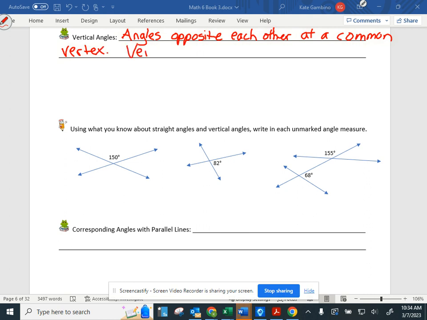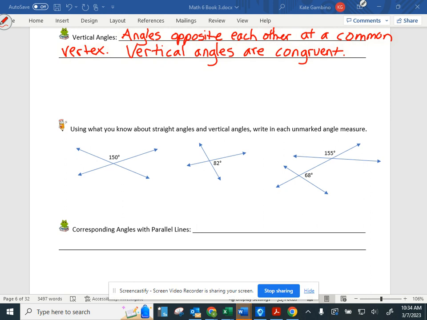Vertical angles are congruent. So, angles opposite each other at a common vertex. That's what vertical angles are.